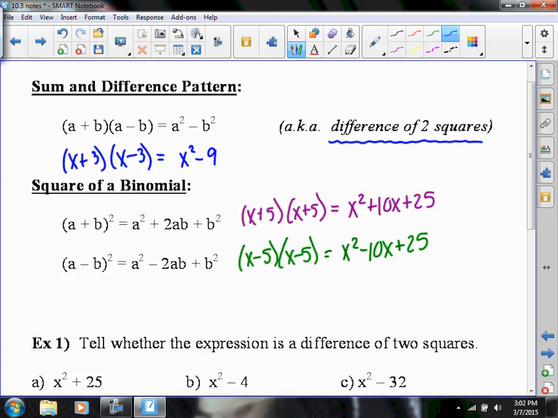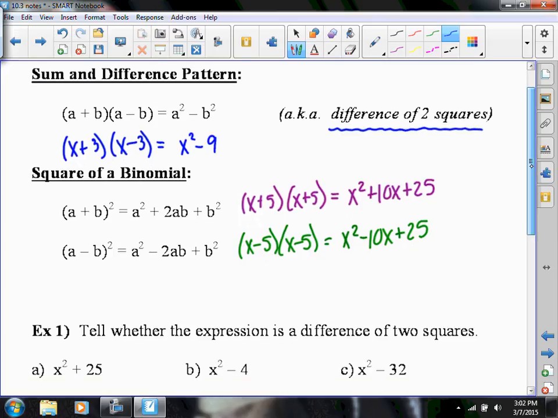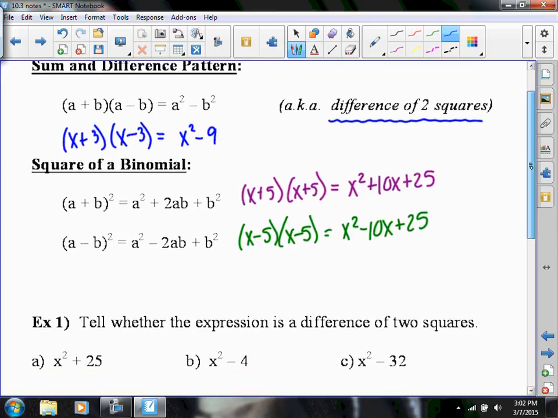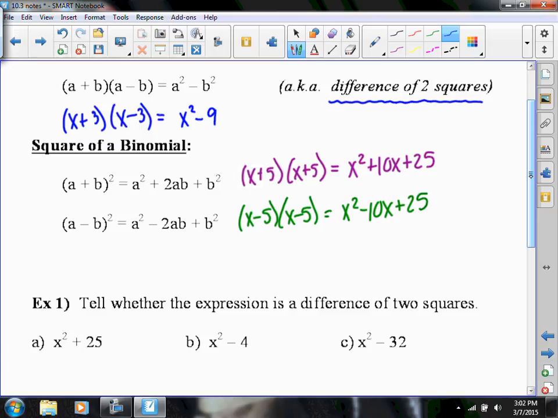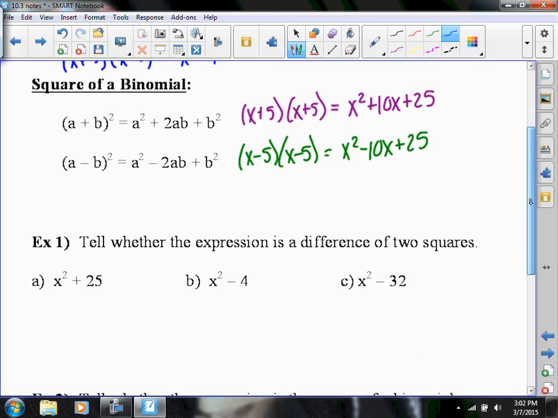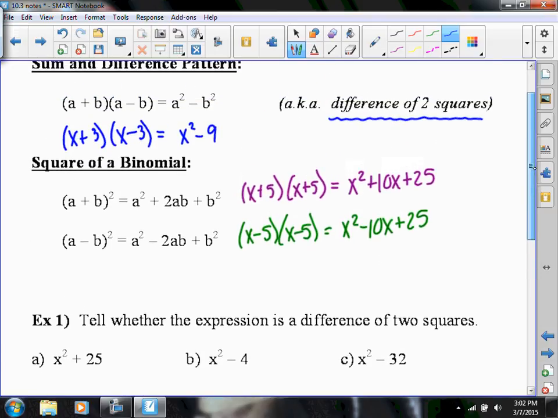Okay, so for this next example, we're just going to take a look at whether or not some binomials or some expressions fall into one of these patterns. So in example 1 here, we want to tell whether or not the expression is a difference of two squares. So that means it has to be a difference. We have to be subtracting.